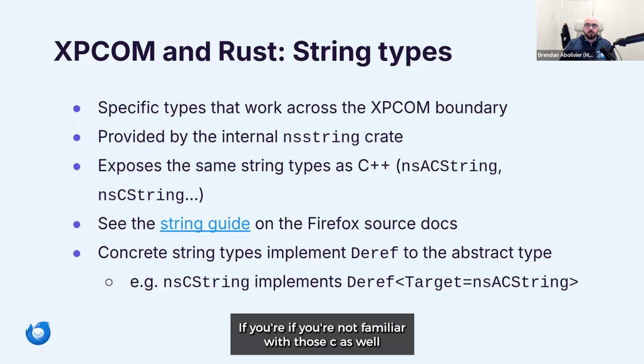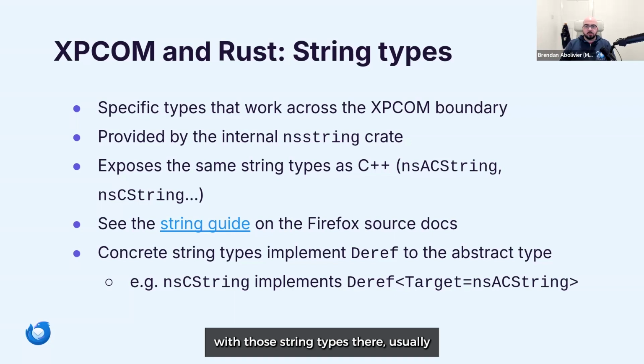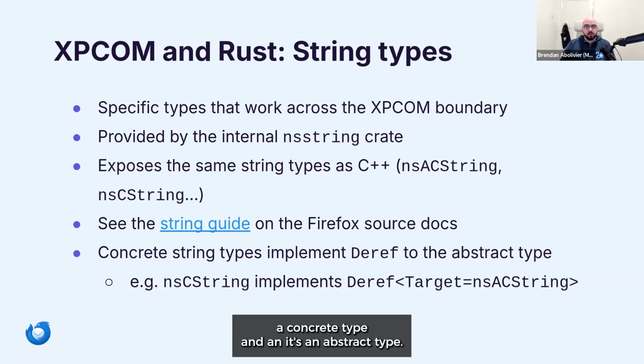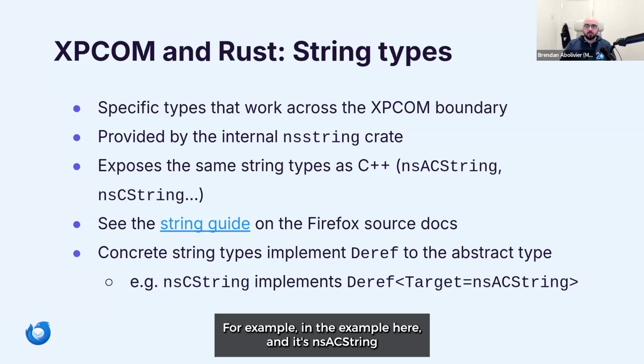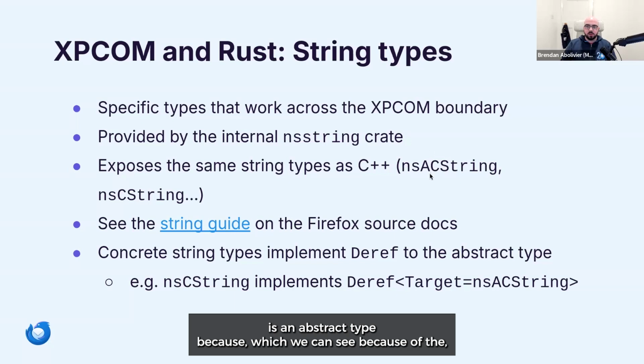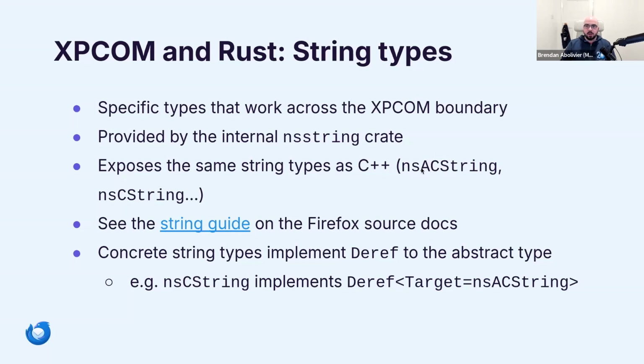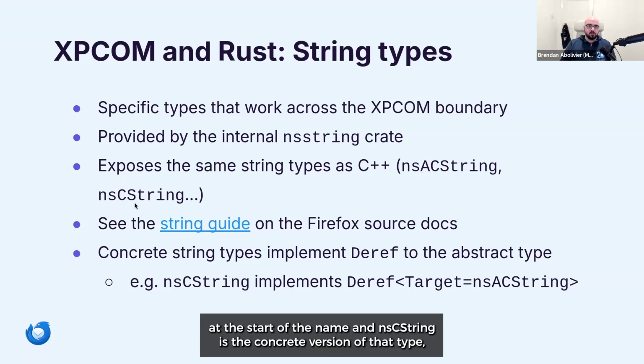If you're not familiar with those string types, each category of type will have a concrete type and an abstract type. For example, here, nsACString is an abstract type, which we can see because of the A at the start of the name. nsCString is the concrete version of that type.